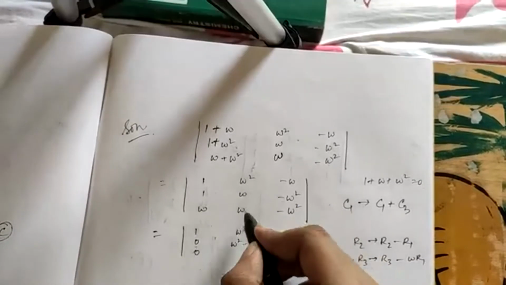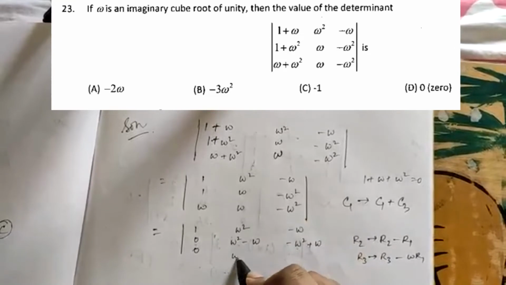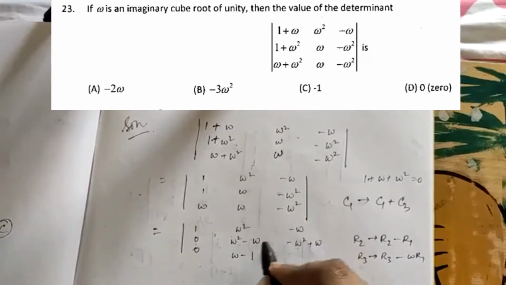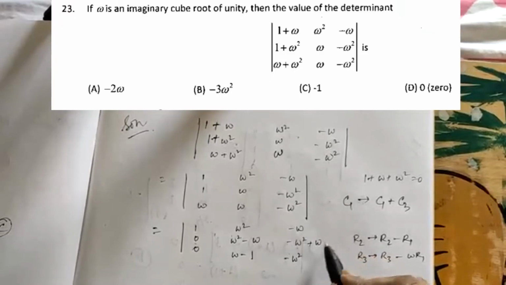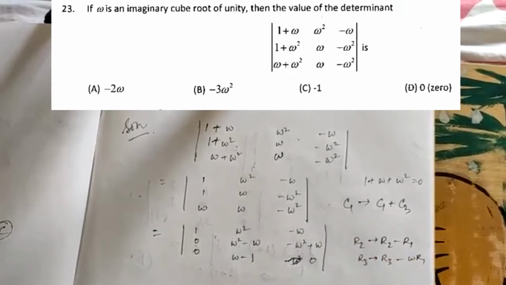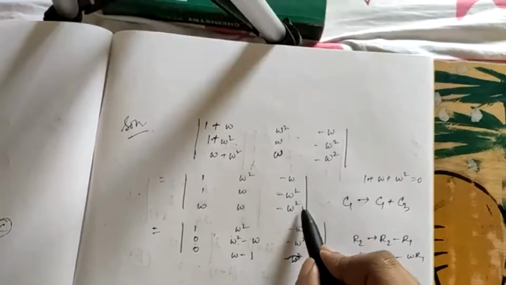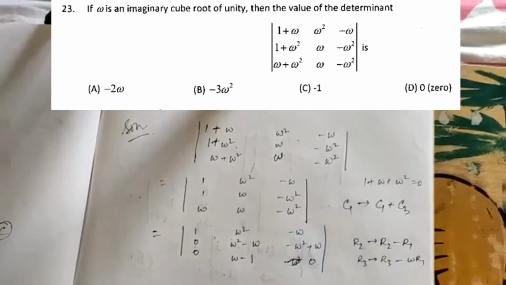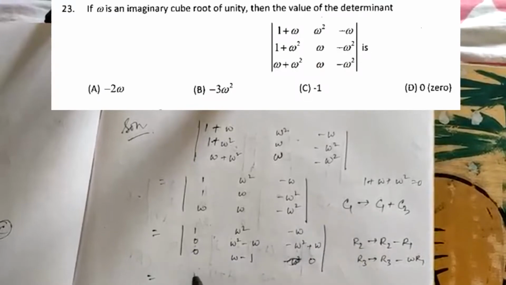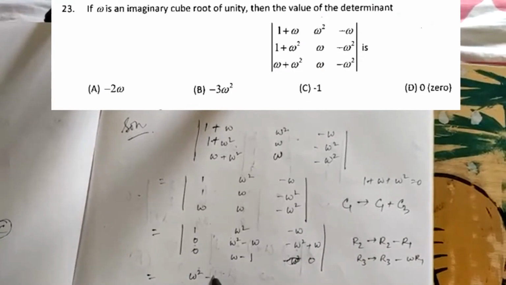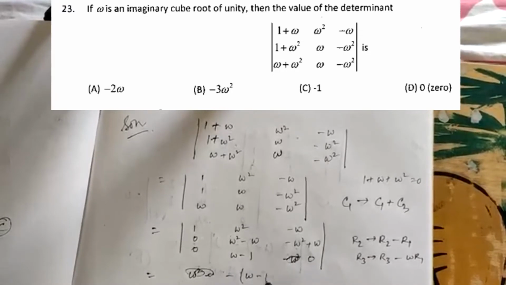So it will come as 0. It will come as ω minus ω cube, that is ω minus 1, and minus ω square plus ω square will be 0. By eliminating from row 1 and column 1, we will be left with minus ω into (ω minus 1) into (minus ω square plus ω).